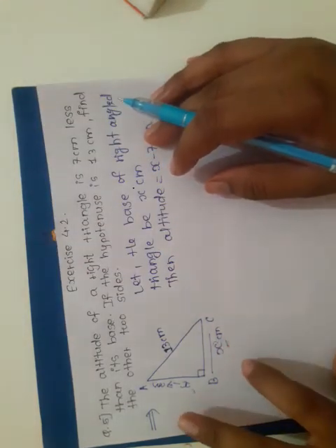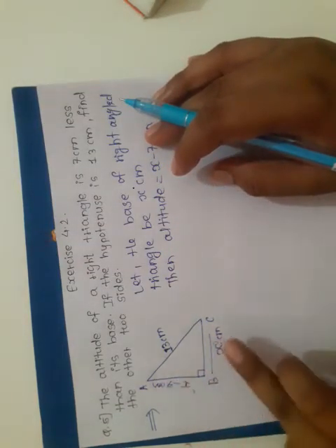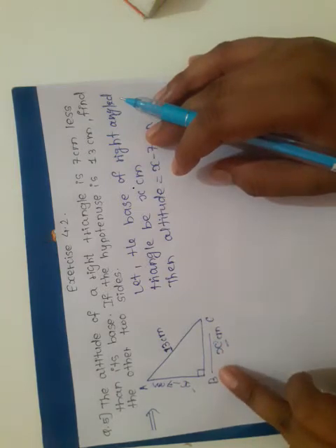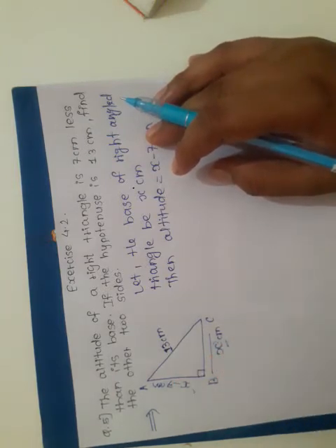This is a right angle triangle, so we have to find out BC and AB. How can we find out? If it is a right angle triangle, right angle at B, then we can use Pythagoras theorem.